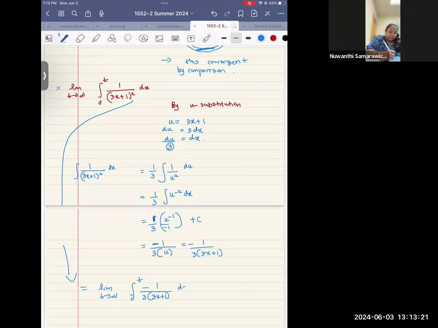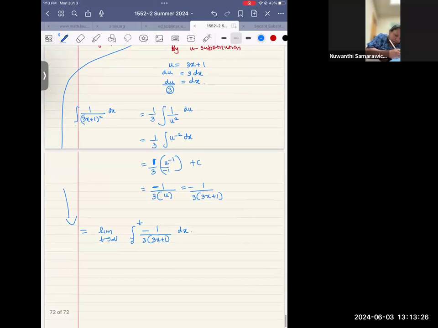This is your answer, because we found the integral of 1 over (3x plus 1) squared.